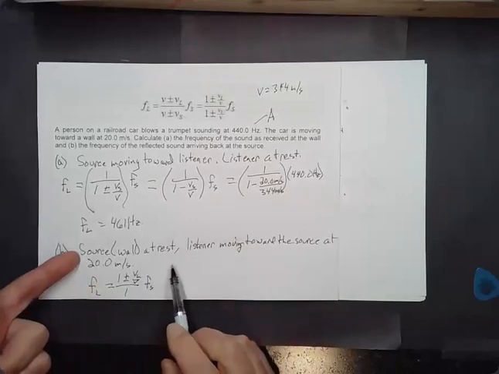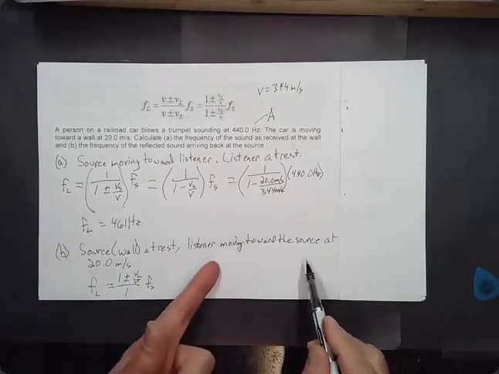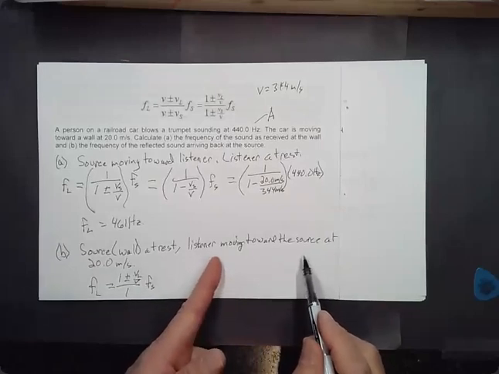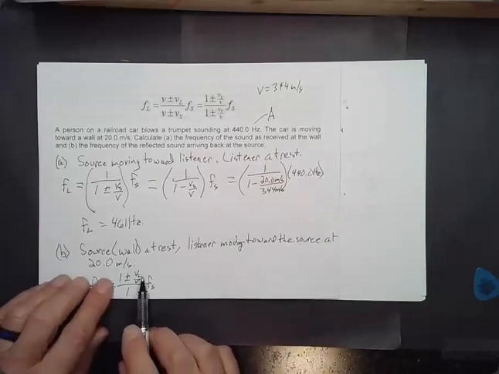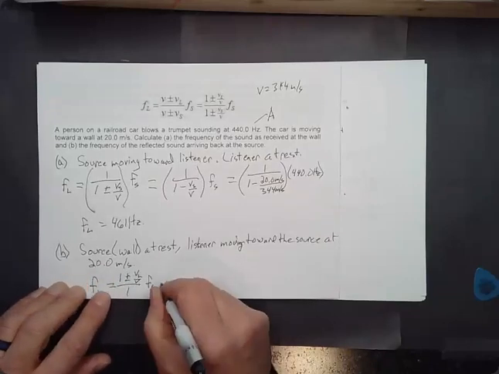Now we have the listener moving toward the source. Will they hear a higher frequency or a lower frequency? They'll hear a higher frequency. And so the way to get a higher frequency when the listener is the one moving is to have the plus sign up here. So that's all I have to do.